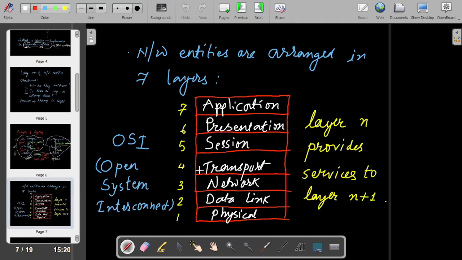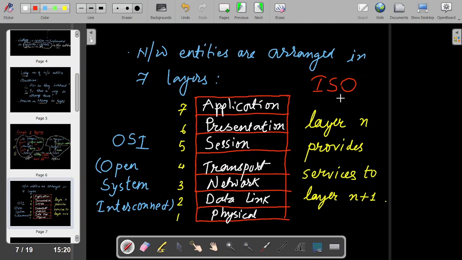Coming back to networks, as we said there are a large number of entities. These entities are arranged in 7 layers. There is an organization known as ISO, International Standards Organization.